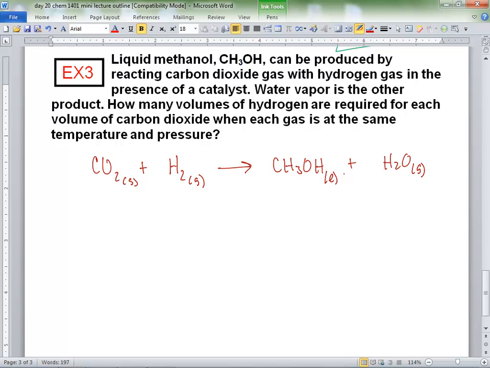Okay, carbons. Carbons are done, right? It's 1C, 1C. Oxygens, 2 and 2. We're good there. Hydrogens, okay. So how many hydrogens on the product side? Count 6. Yeah, because 3 and 1 is 4 and 2 is 6.